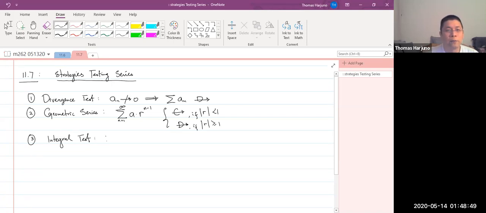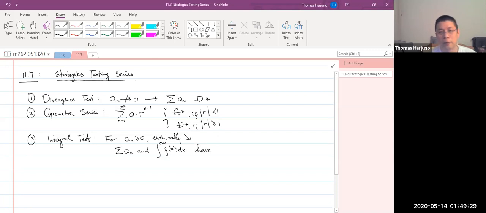Okay, so for a series that is non-negative, and eventually decreasing, then the series and the integral of the continuous superposition function to infinity are both convergent or both divergent.